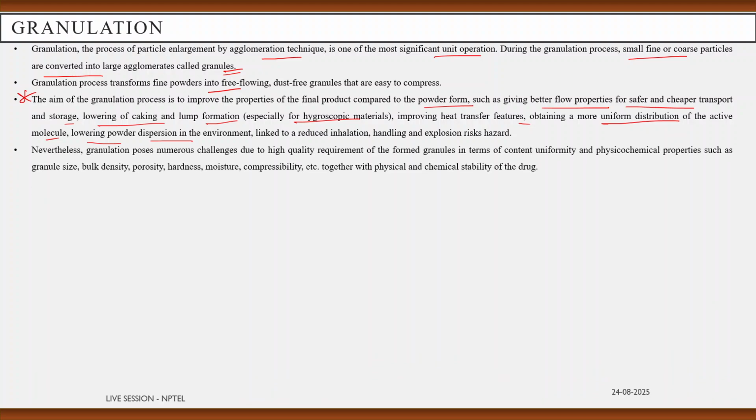Nevertheless, granulation possesses numerous challenges due to the high quality requirement of the formed granules in terms of content uniformity and physicochemical properties, such as we want to maintain some particular granule size, bulk density, porosity, hardness, moisture content, compressibility, and other things to improve the product. Suppose you are making drug products, any kind of tablet or medicine, in the pharmaceutical industry.